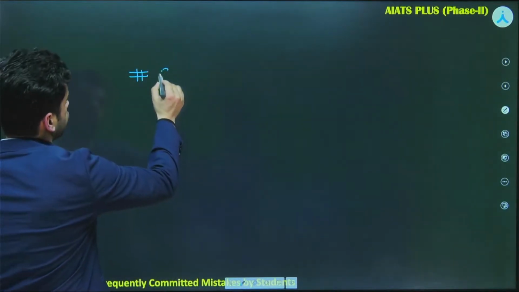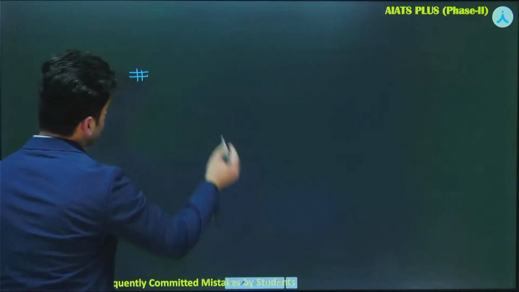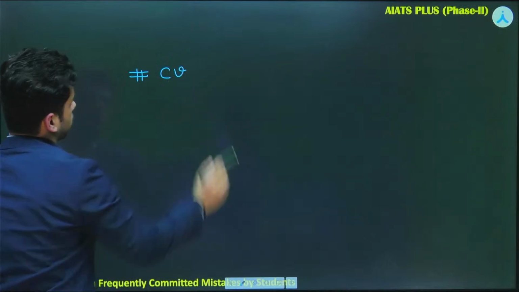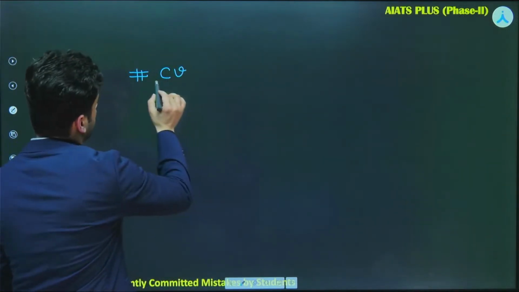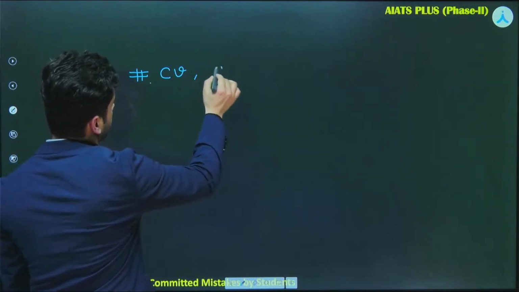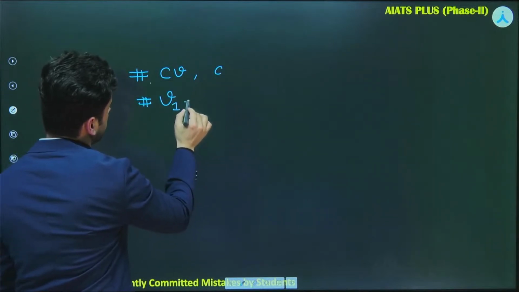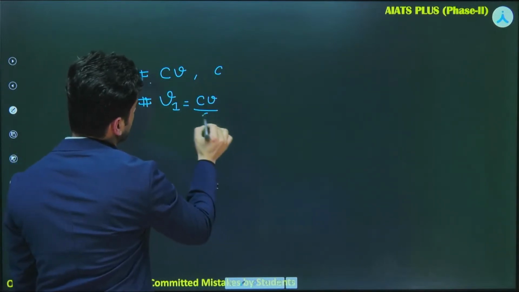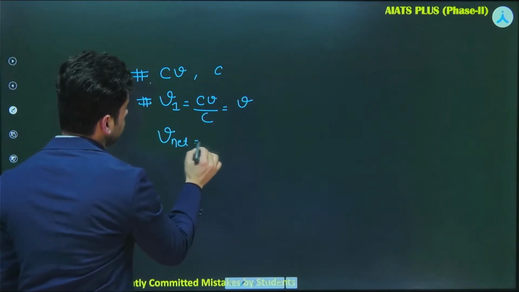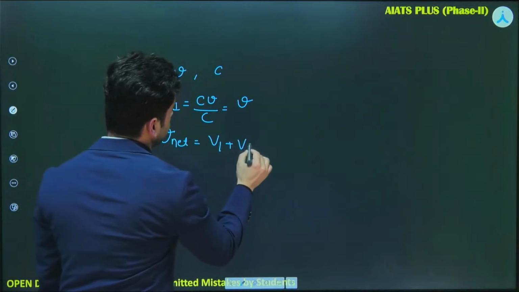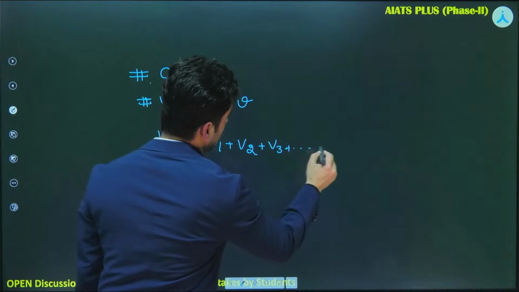Right? Now we can approach this problem by another method also. The charge on one of the capacitors was CV, and the capacitance was C. So potential difference across one capacitor will be equal to CV by C, that is equal to V. So V net, the total potential difference, will be equal to V1 plus V2 plus V3 and so on.